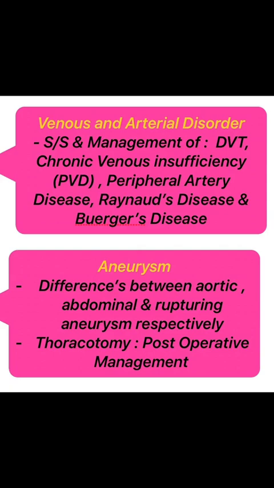So it is important. From aneurysm, they ask you to distinguish whether it is aortic, abdominal, or a rupturing aneurysm. During my exam, there was one question regarding abdominal aneurysm, and the question was about how we know that it is an abdominal aneurysm.